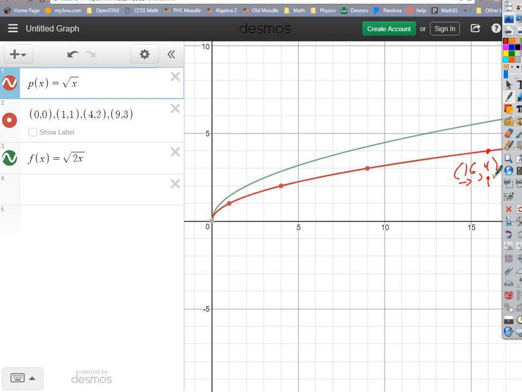What's the number I'm going to multiply by in this case? What's going to be the dilation factor? If b is 2 and it's horizontal, what do I have to do to that number? I gotta flip it, right? Because it's going to be the opposite behavior. So this means I'm going to multiply by 1/2, right? Okay, so where is the corresponding point going to be on the green graph?